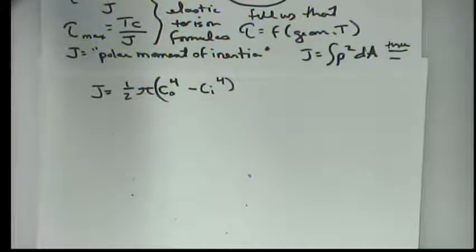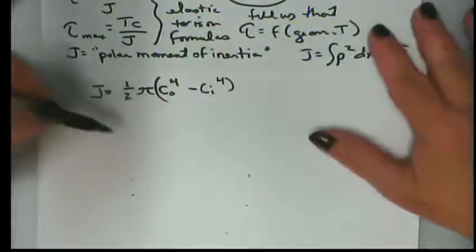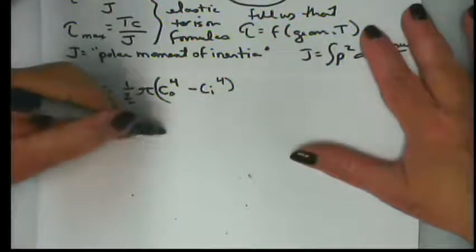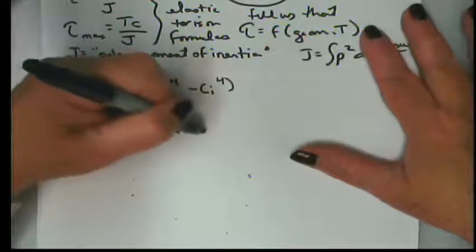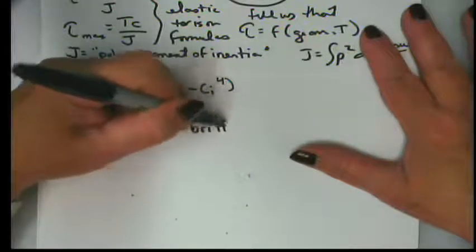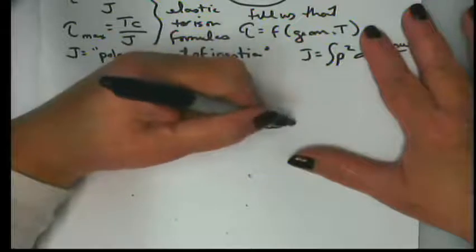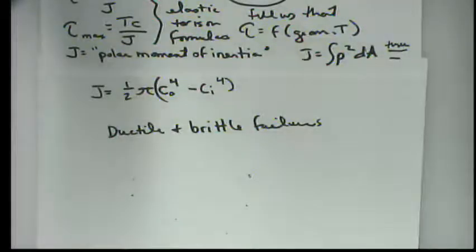Now, another interesting thing. We had talked a little bit about ductile and brittle failures, and we'd mostly talked about them in terms of normal stress or shearing stress, and we had said that certain structures fail in normal stress, certain fail in shear.